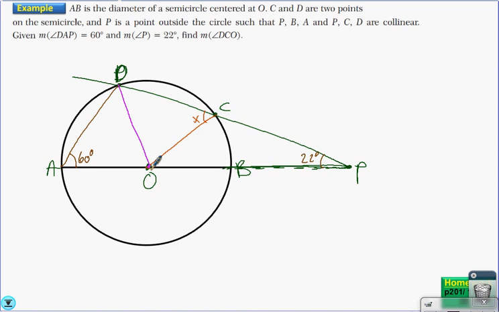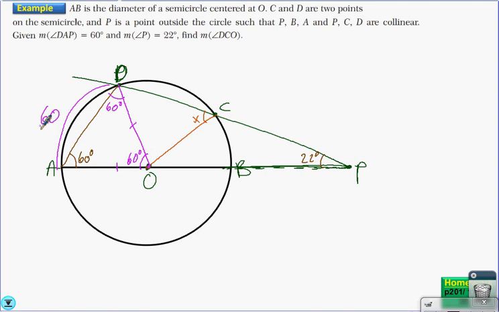If I add this line, since these two, from O to A and from O to D, are radii, there is going to be an isosceles triangle. So the base angles should be the same. This one should be 60 as well. This one should be 60 also. From here, we can say that the central angle is 60, and the opposite arc of the central angle should be the same as 60.